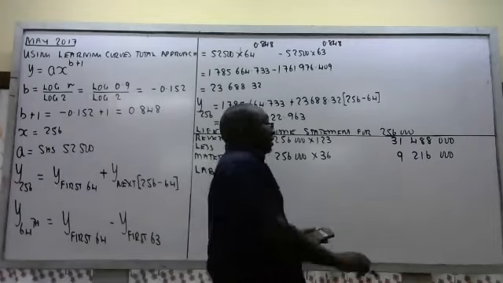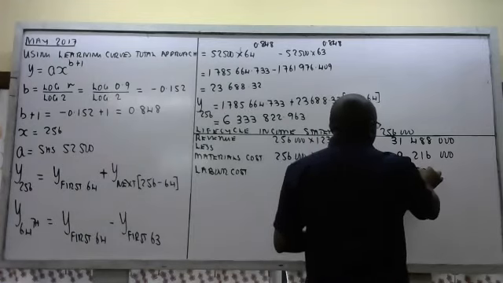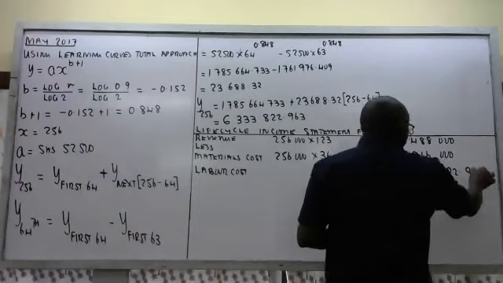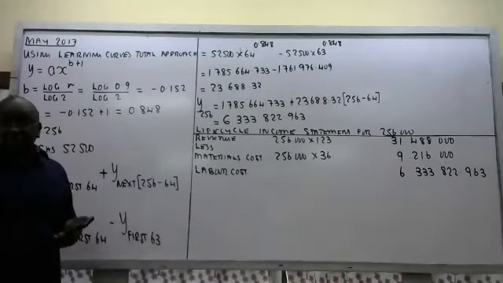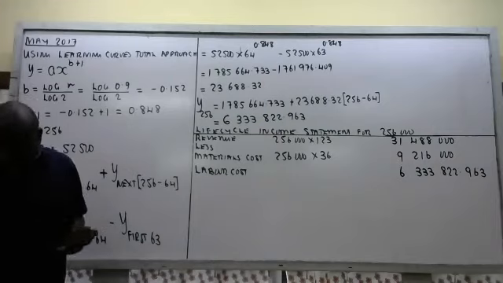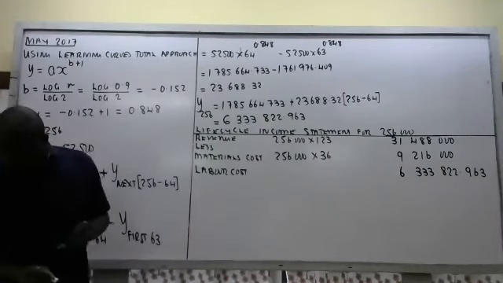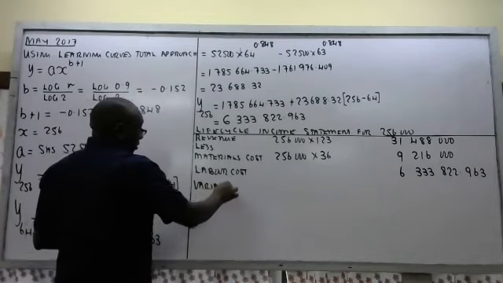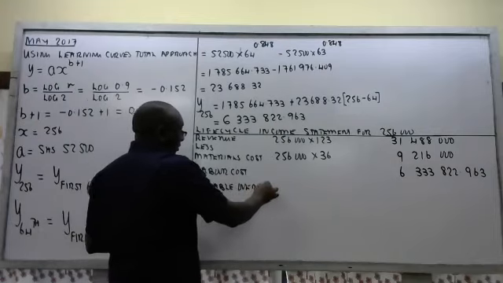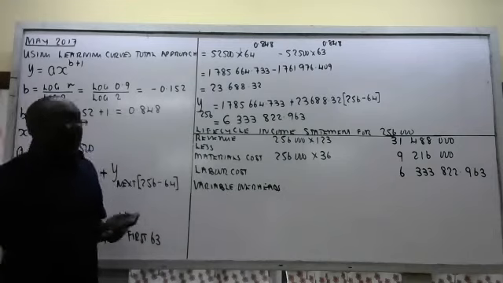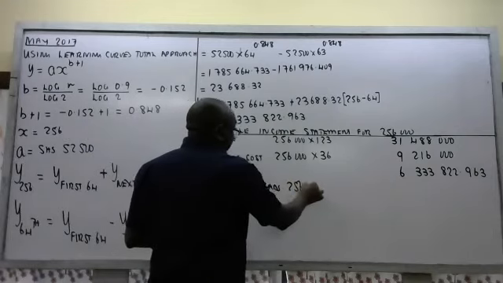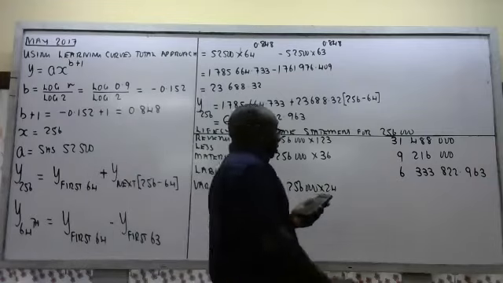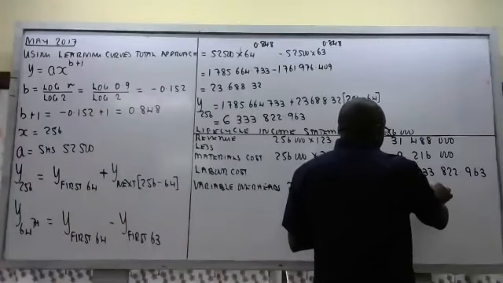Labor is already worked out here as 6,333,822.963. We are given variable overheads, also on a per unit basis. So it will be 256,000 times 24, which is 6,144,000.